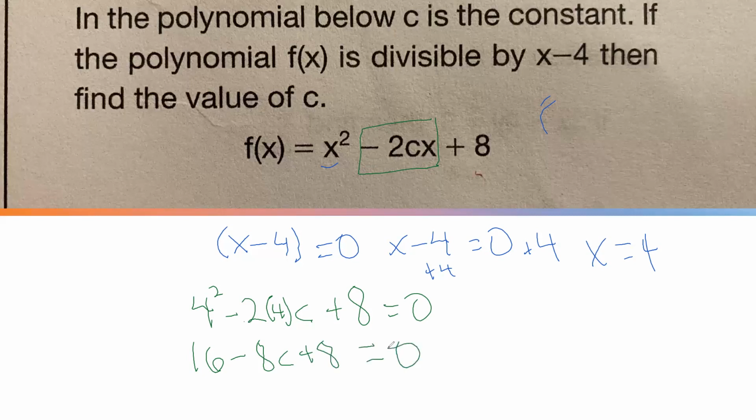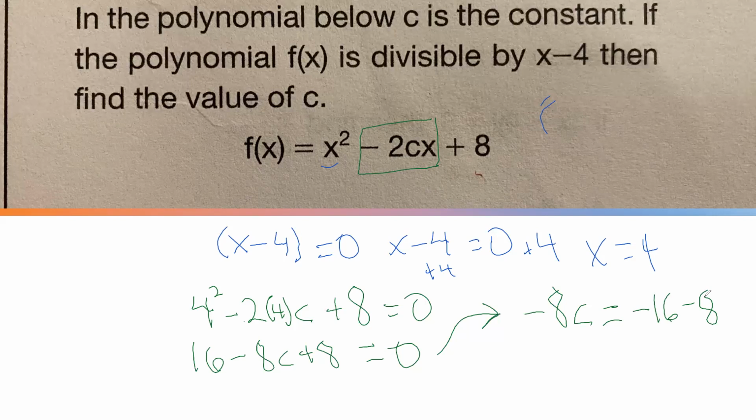I can move the non-c's to the right by subtracting. Trust me that when I subtract 16, it's going to look like a negative 16 on the right side, and when I subtract 8, it's going to be a negative 8 on the right side. The left side will be left with only the c's, negative 8c.